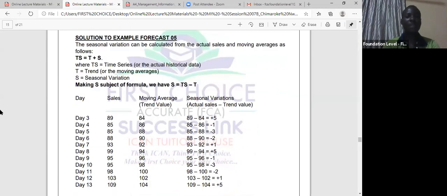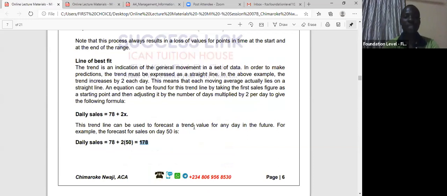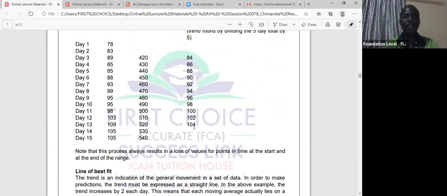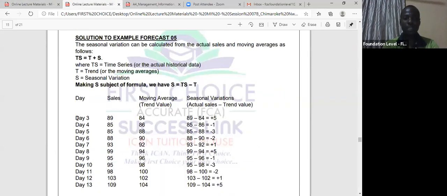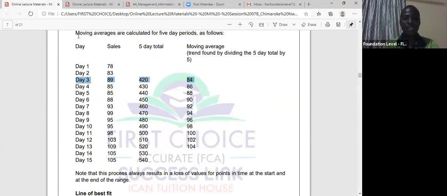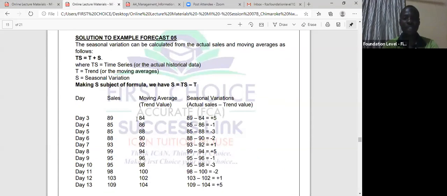Now, if you can remember our answer for 1, this is just a copy and paste starting from day 3. So if you look at it, starting from day 3, the sales is 89, and we took the moving average 84, so that's what we're extracting.